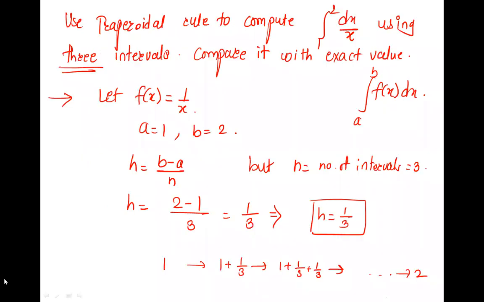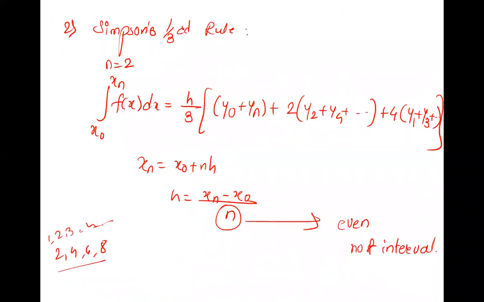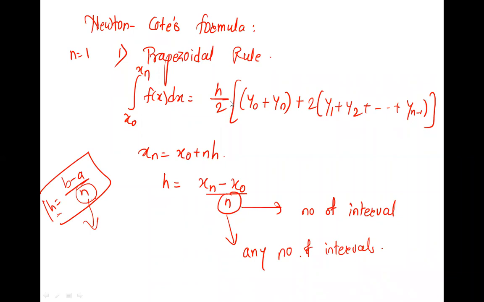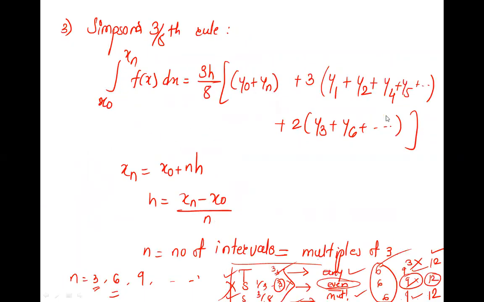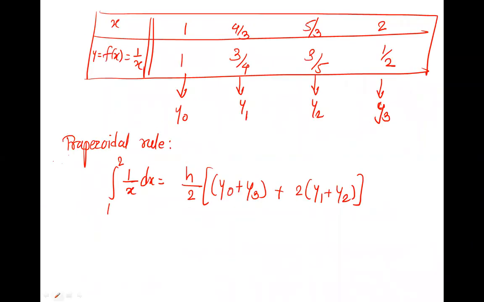Which formula you are using? You are using this trapezoidal rule: h by 2, y naught plus first plus last and 2 times remaining all addition. Okay, so put the values. H is what? 1 by 3. So 1 by 3 by 2.